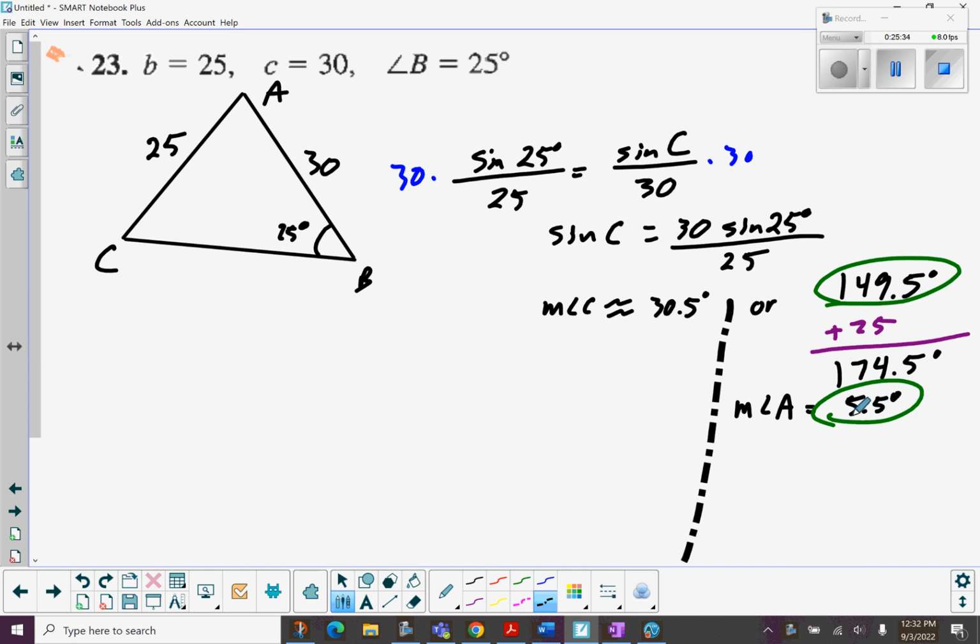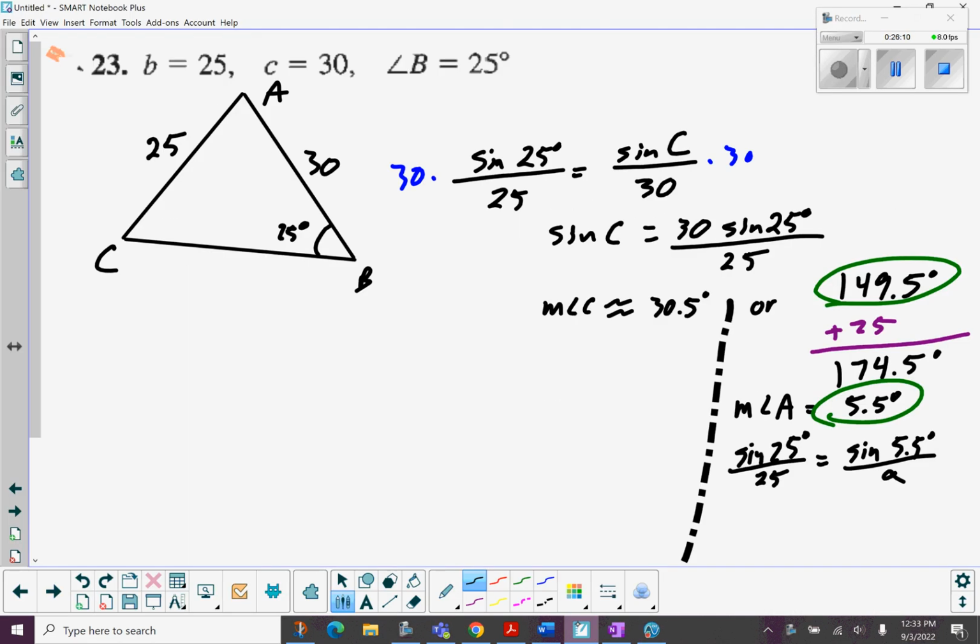Let me finish out this one here by saying then we can use law of sines. So the sine of 25 degrees over the length 25. Now I'm looking for the length of side A. So that's the sine of the very small 5.5 degrees. Side A is going to be very short. It's opposite from a very small angle compared to the 25 and the 30.